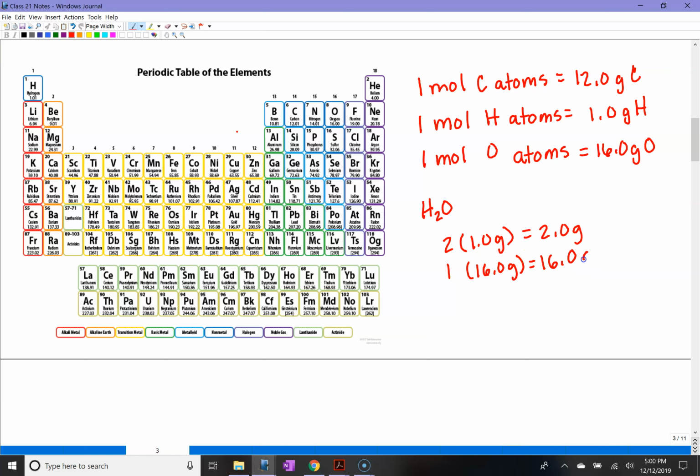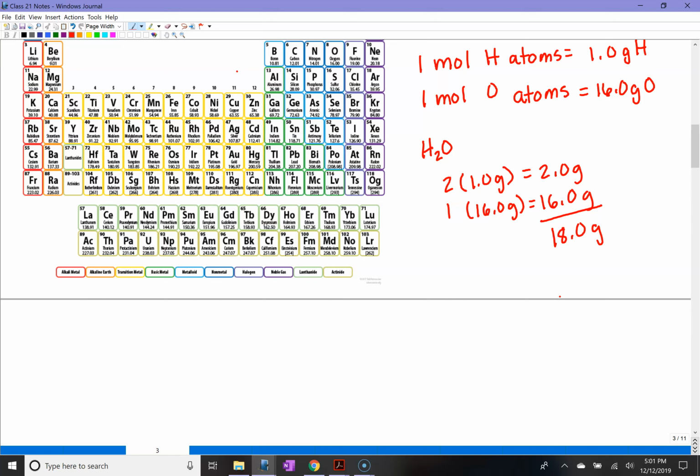And so together, 1 mole of water would have a mass of 18 grams. That's how I told you before that you could mass out 1 mole of water by taking 18 grams of water and putting it in a cup.